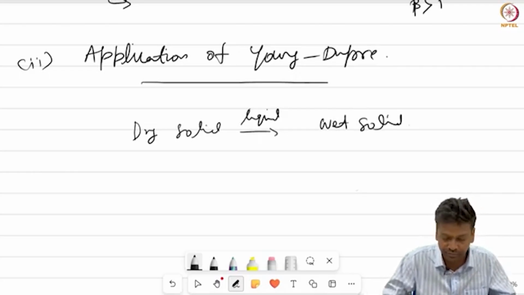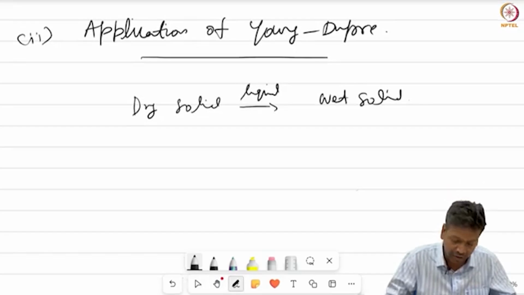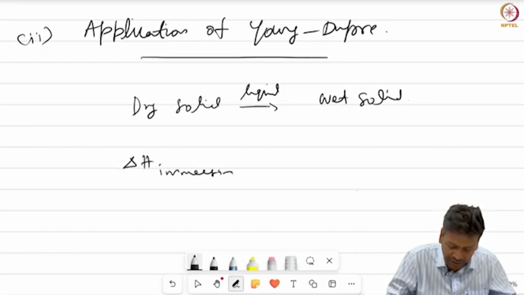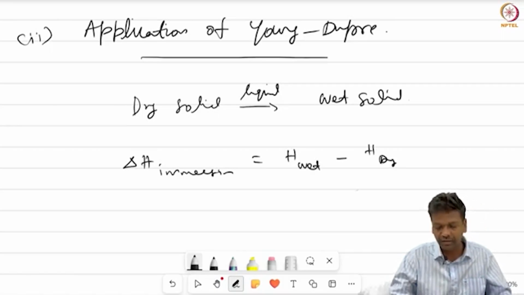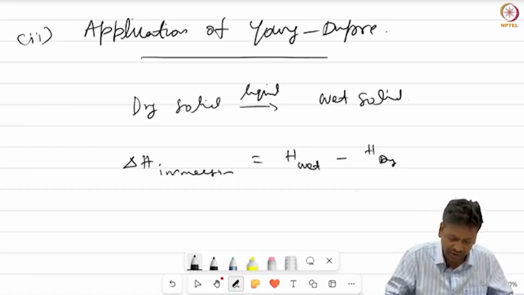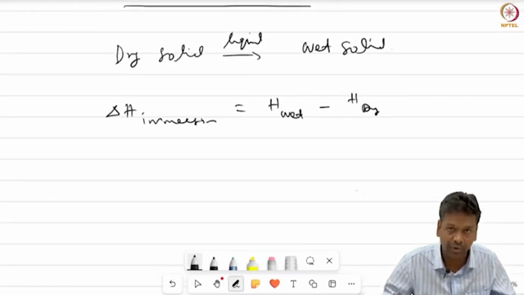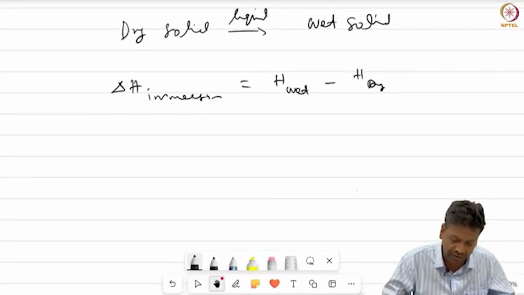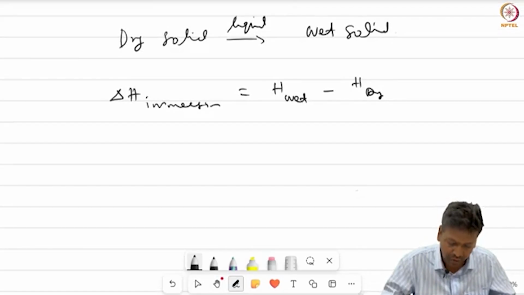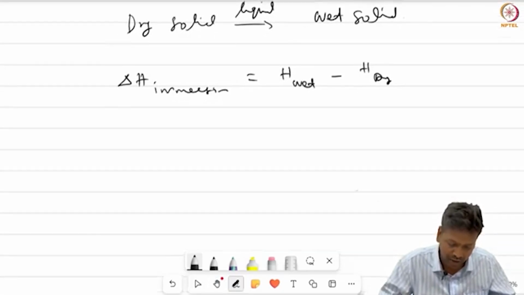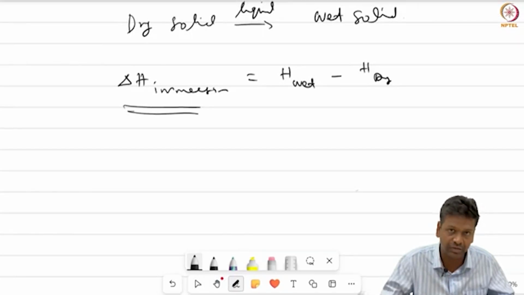So if you are calculating the delta H immersion, which is nothing but the enthalpy of wet solid minus the enthalpy of dry solid, you expect that in this case some amount of heat is released, right? So this is our problem statement. How do we calculate this delta H immersion? That is the question we are trying to address, right?